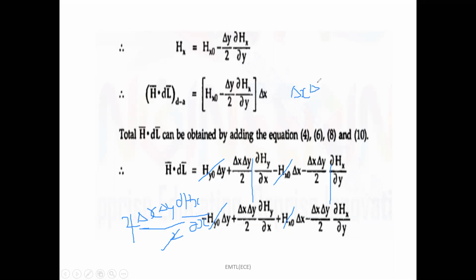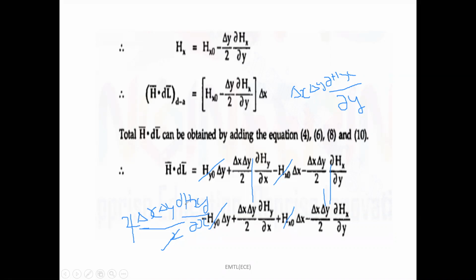In a similar manner, by adding these two terms, we get delta x delta y dou Hx by dou y. That means by adding these two equations, we get delta x delta y dou Hy by dou x, and by adding these other two equations, it is equal to delta x delta y dou Hx by dou y.